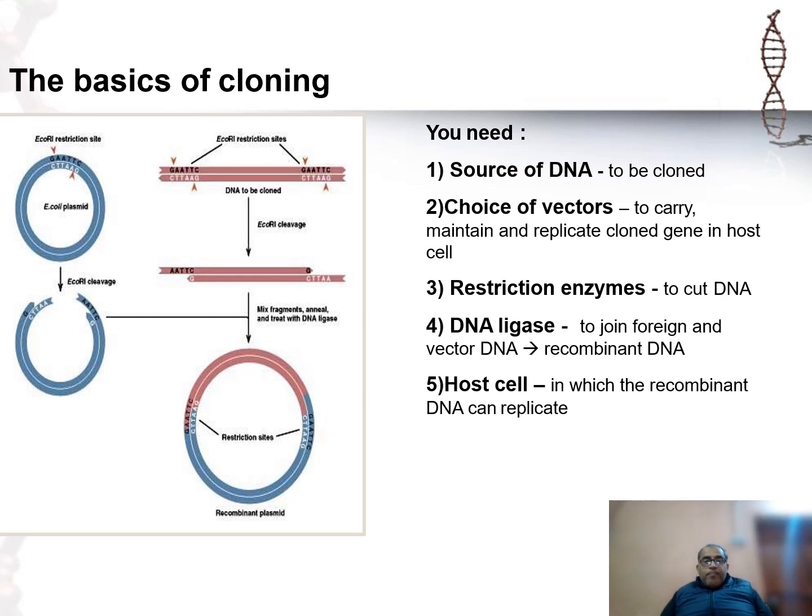What you need, for example, is a source of DNA, which could be genomic DNA, cDNA, or synthesized DNA. Then the choice of vector, as we said, could be a plasmid vector, a cosmid vector, a yeast artificial chromosome, or a bacterial artificial chromosome.